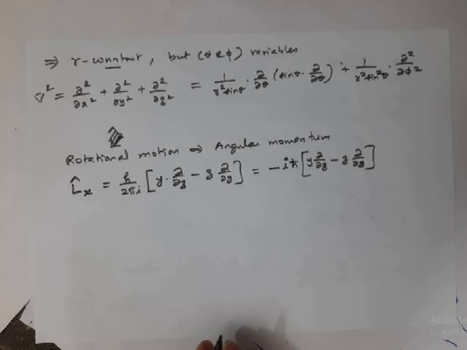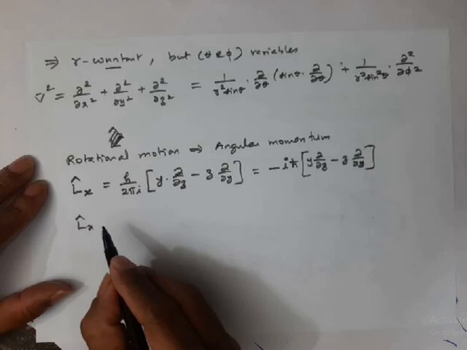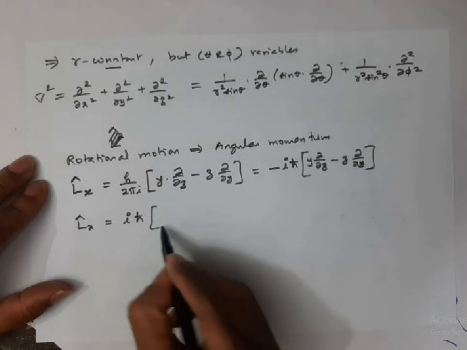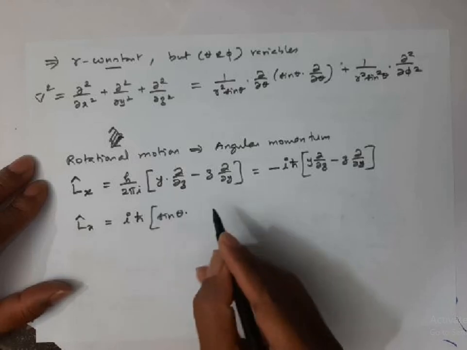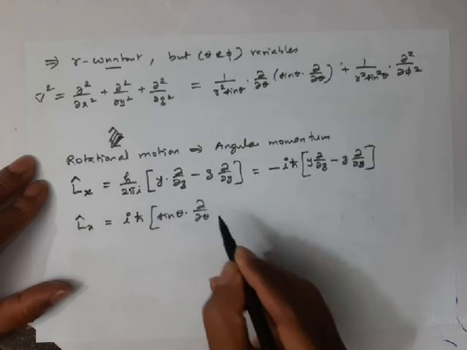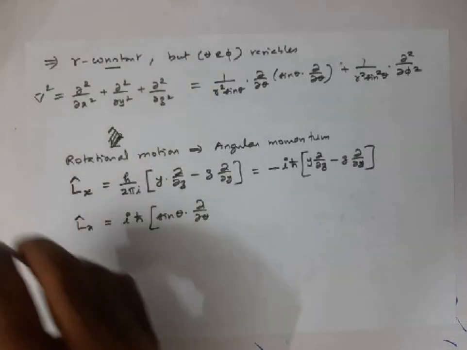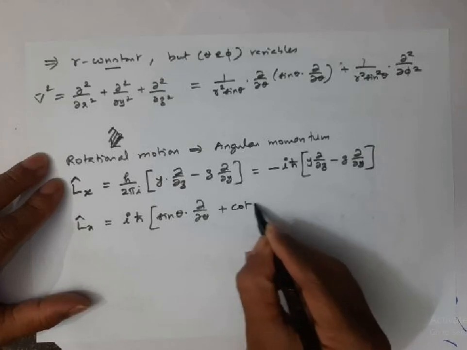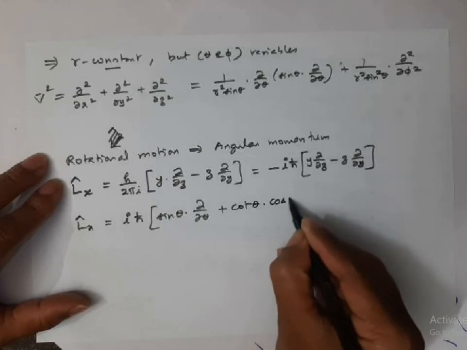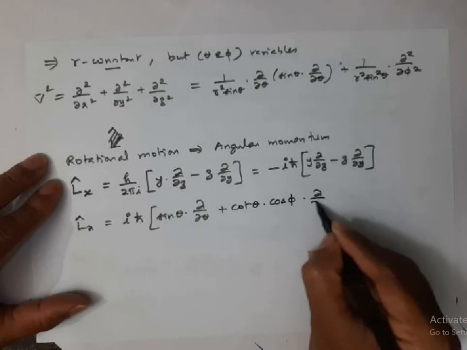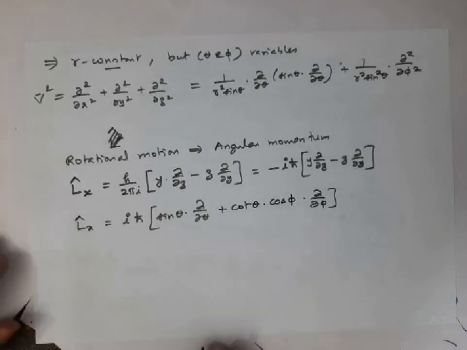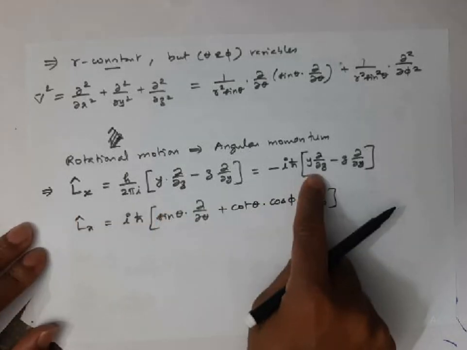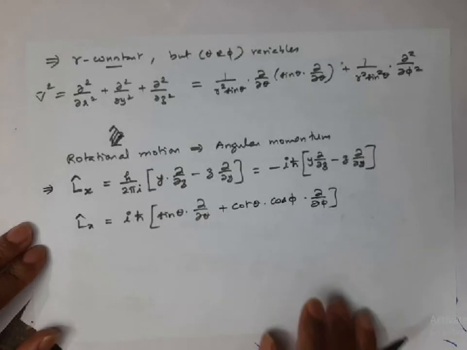In spherical polar coordinates, the Lx operator is given as i h bar (sin φ ∂/∂θ plus cot θ cos φ ∂/∂φ). This is the Lx operator in Cartesian coordinate space and in spherical polar coordinates.